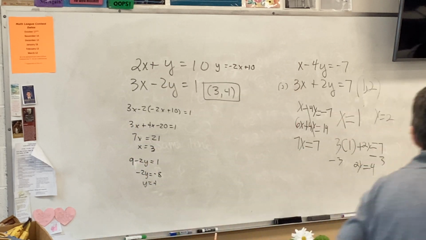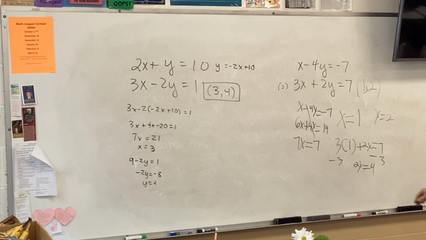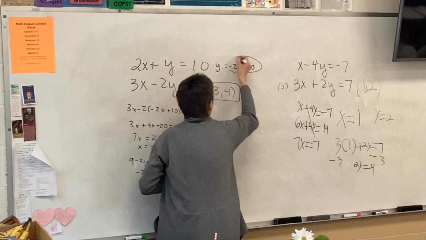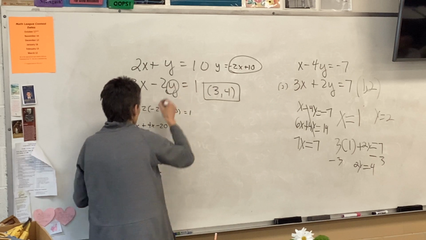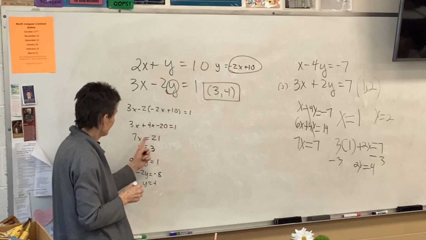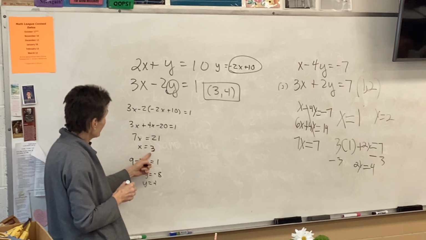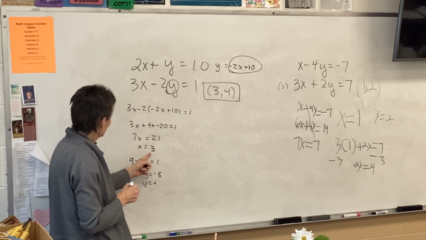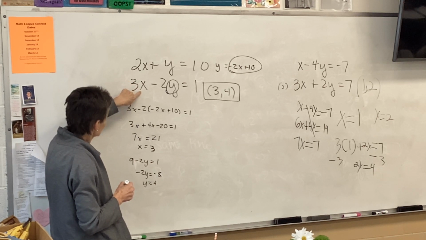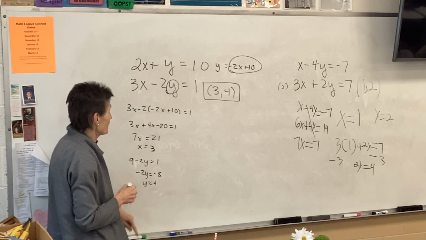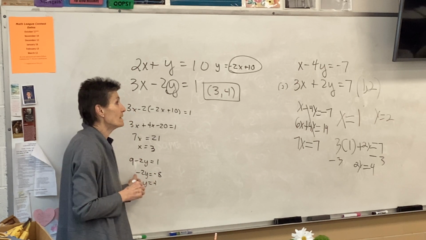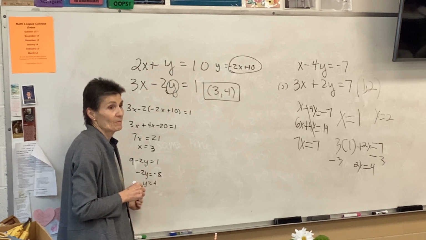And then she substituted it in, here's Y, she put it right here. Be very careful distributing your negative like she did. Once she got X equals 3, it looks like she put it in right here. And worked it out and got 4. Does anybody have a question about that?